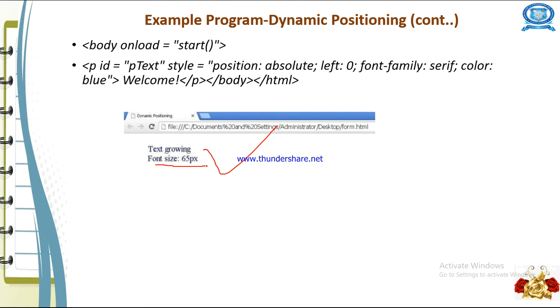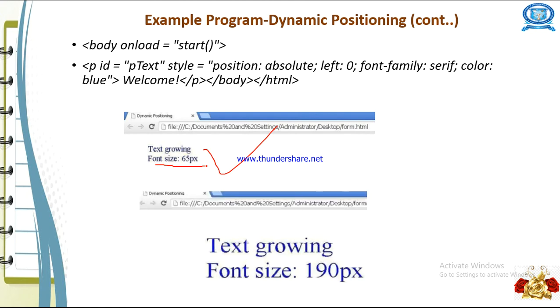See the next output. Now see this font size of 190 pixels, so it automatically increases the size of the text. But now see the font size 65. The text font size is minimized. Then it is maximized, the text automatically growing.